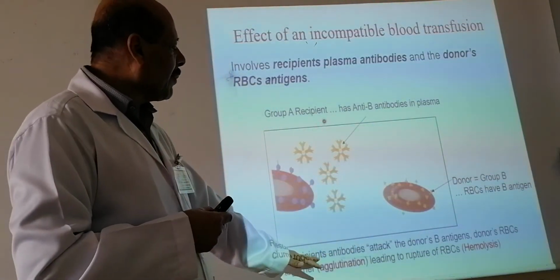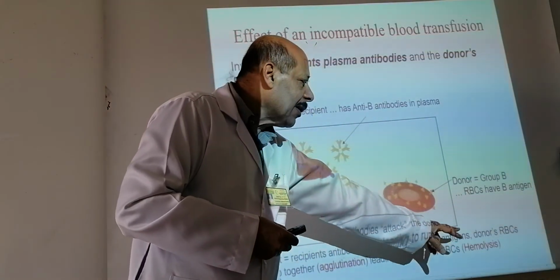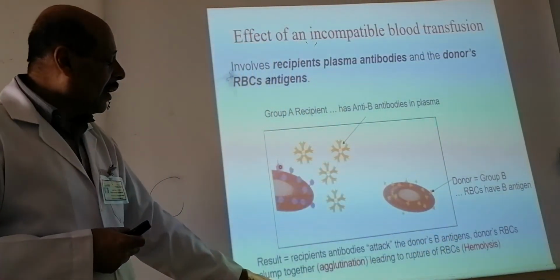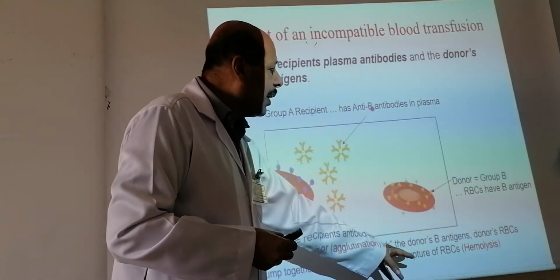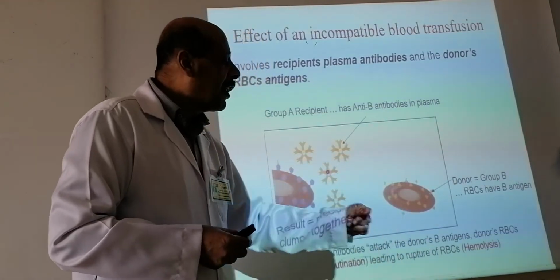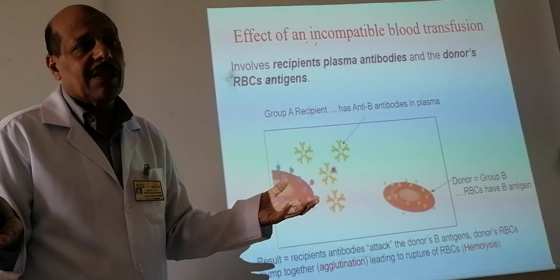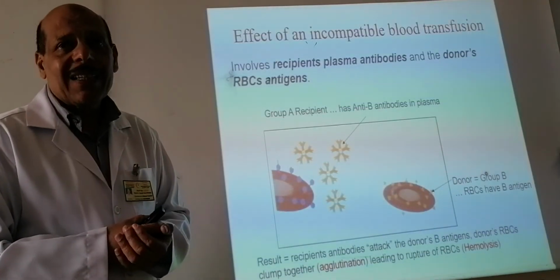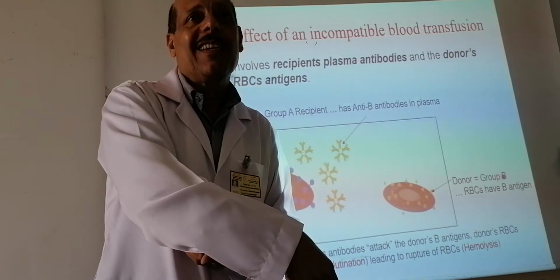The recipient antibody attacks the donor B RBCs and they clump together; agglutination will happen, leading to rupture of red blood cells and hemolysis. So the blood is not only useless, it is harmful in this case.